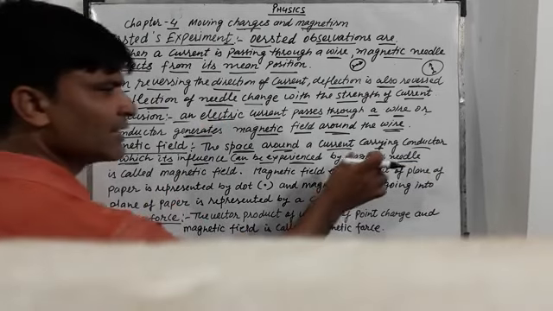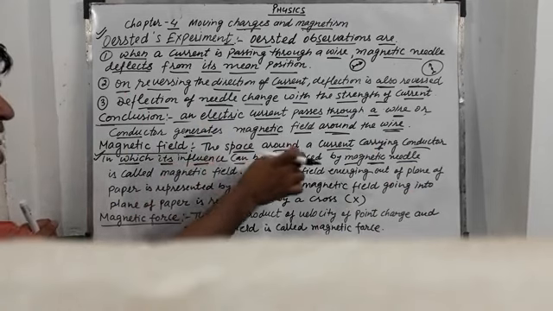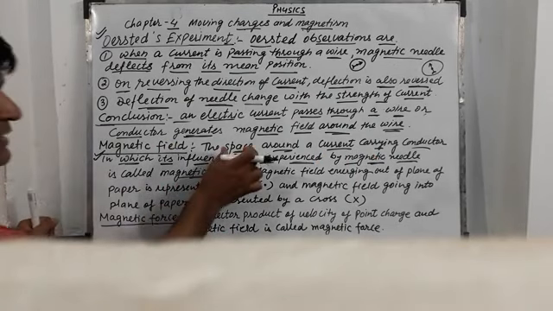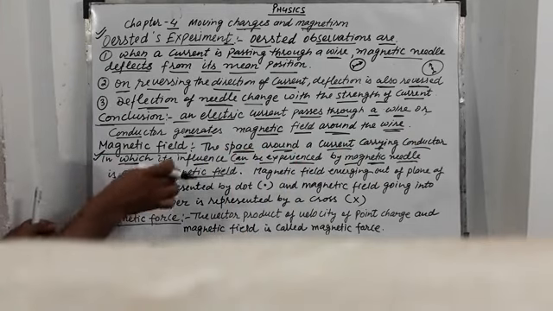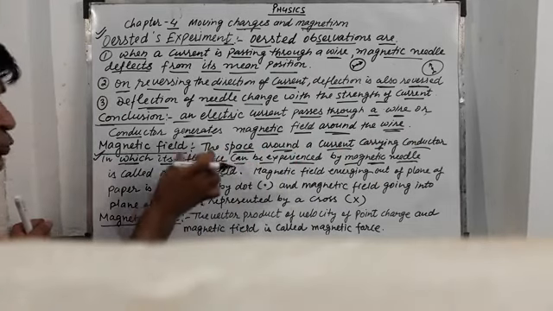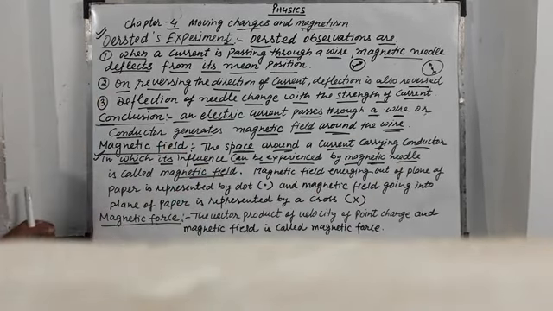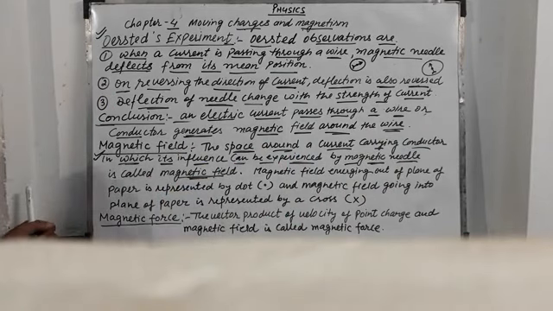Because a magnetic needle is a magnet, it experiences a magnetic force due to the current carrying conductor. Once again, the space around a current carrying conductor in which its influence due to magnetic force can be experienced by a magnetic needle is called magnetic field.